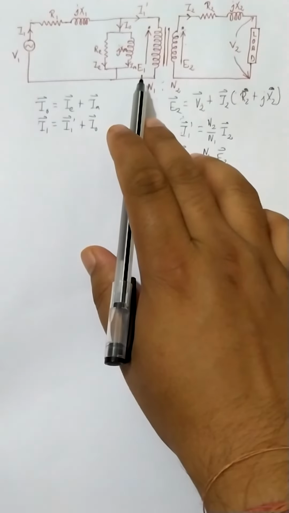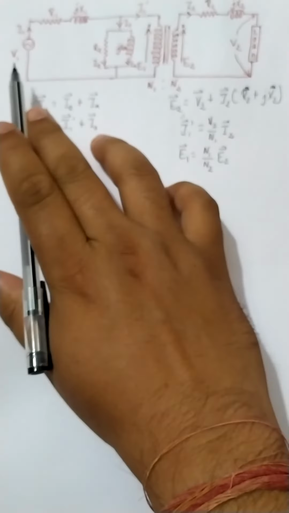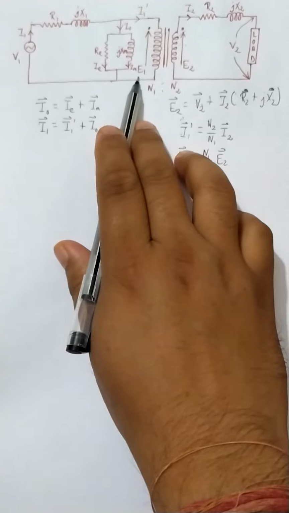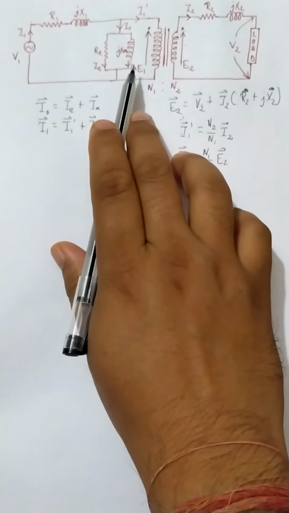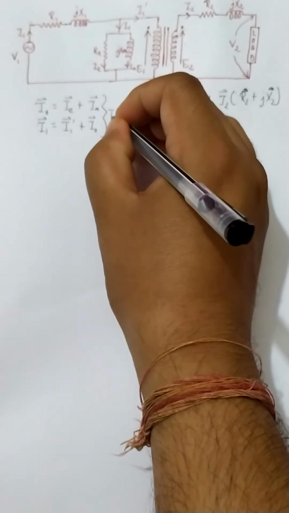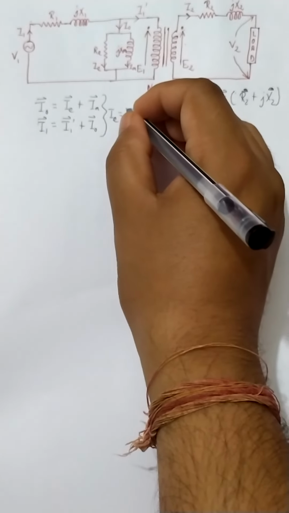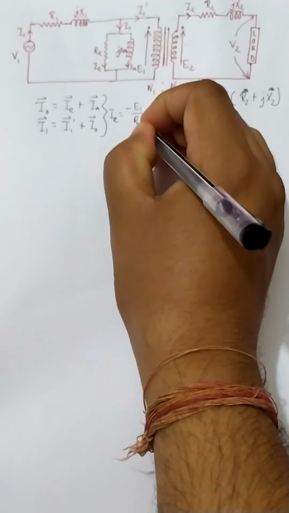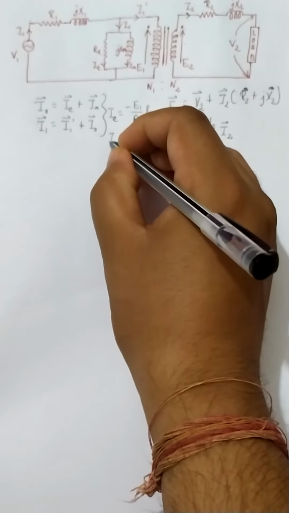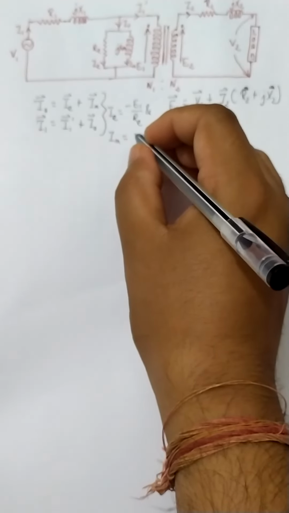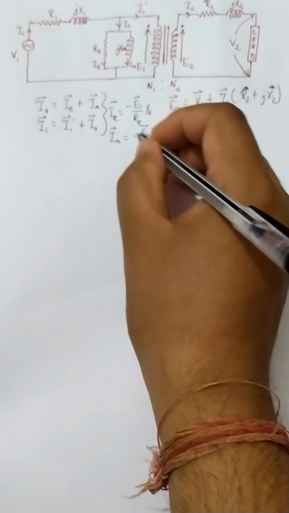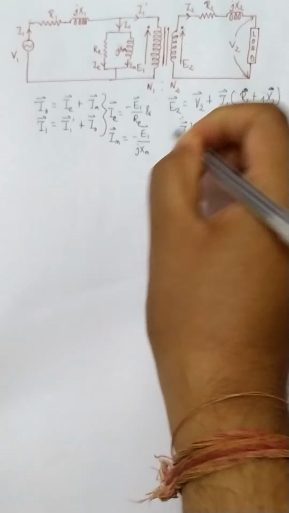Now, we know that E1 is opposing V1, and therefore generally we consider it as minus E1. So we can write IE should be equal to minus E1 by Rc, and IM will be equal to minus E1 by jXm.